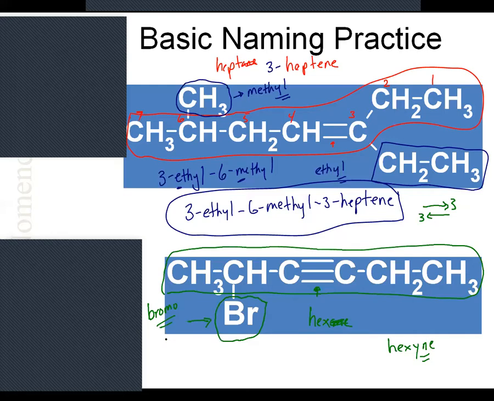Since there really is no difference in terms of our triple bond, it's at 3, we would want a number going left to right, where our bromine group over here is at carbon number 2. So this would be 2-bromo-3-hexyne. Any questions on where that name came from?